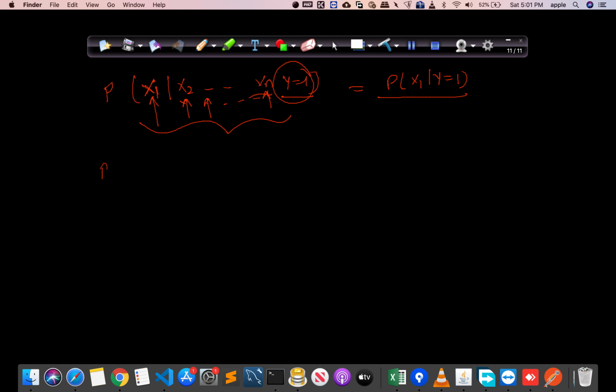The long term that we had was probability of x1 given x2 till xn given y equals to 1, multiplied by probability of x2 given x3 till xn and given y equals to 1, and so on, and at last probability of xn given y equals to 1. When we assume that all the variables are conditionally independent of the other variables given the class y equals to 1, this whole term boils down to this particular thing.